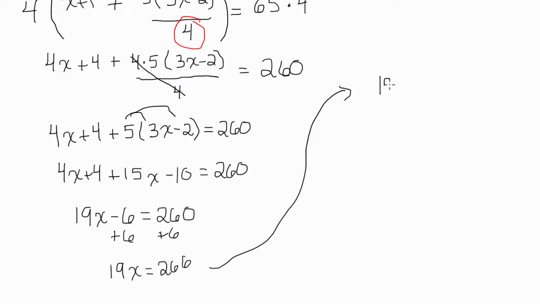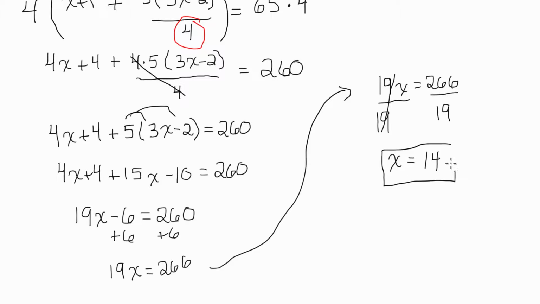So I'm just going to rewrite this. 19x equals 266. All right, now I'm just going to divide both sides by 19. I'm left with x equals 266 divided by 19, which is 14. Boom. So that was pretty easy.